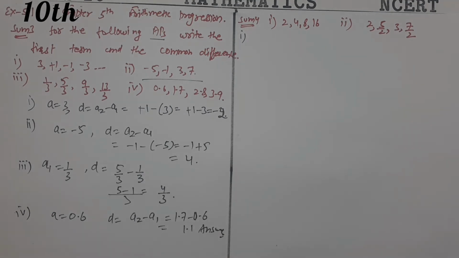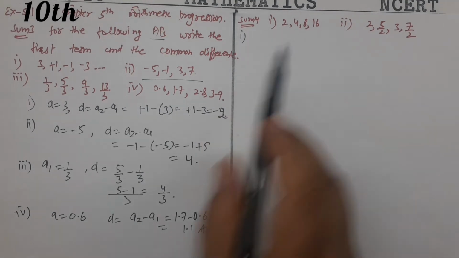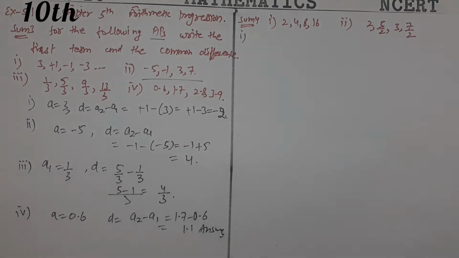First we will check whether the given terms are in AP or not. For it we will find d, the common difference. If d is the same, then the terms are in AP. If d is not the same, then the terms are not in AP.